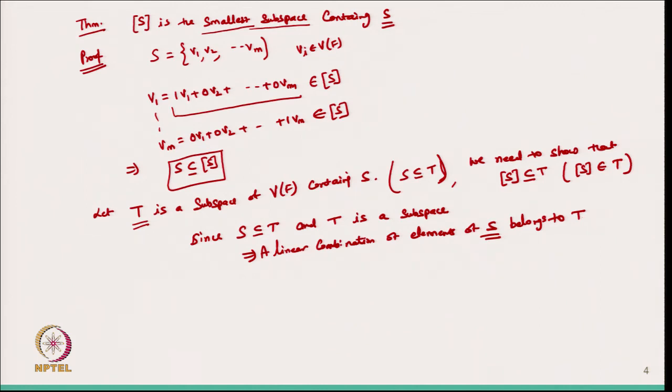It is two properties satisfied together, that is scalar multiplication and vector addition, and both are satisfied because it is a subspace. So, any linear combination I take of elements of S will belong to T.